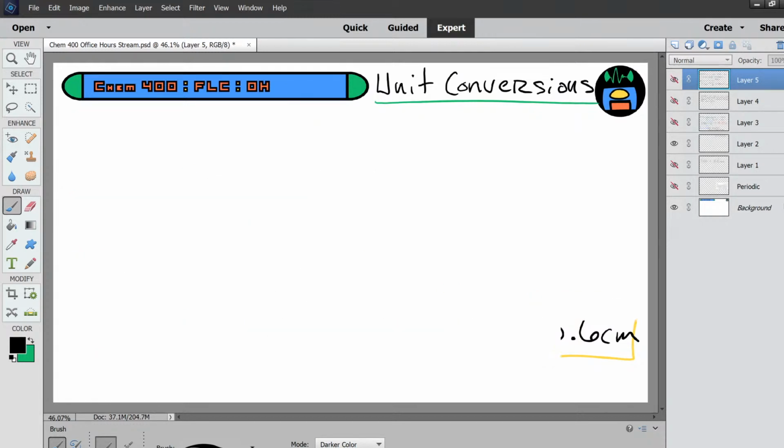Now, a couple things. We're actually not quite done with unit conversions. The primary system of measure we will be using this semester is the metric system. And the reason for this is the metric system has a base unit for, well, let's talk about the metric system for a minute.